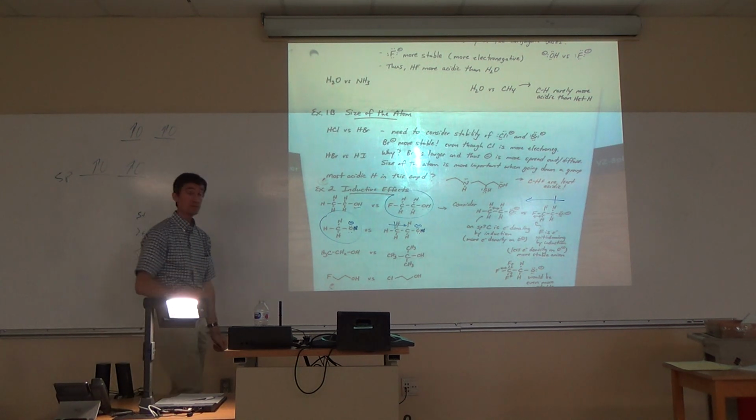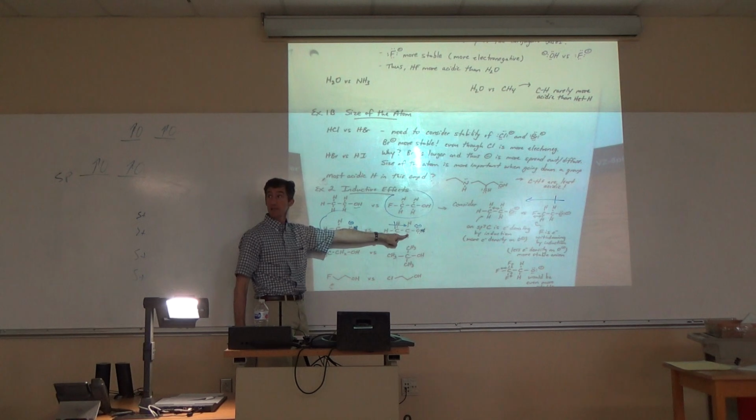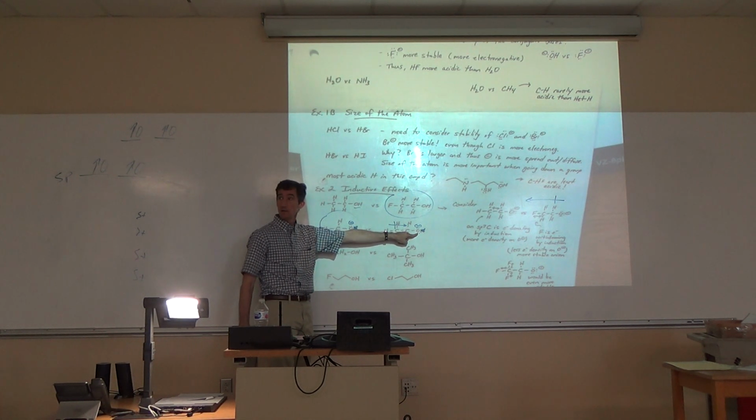Stronger bases, that means it's more eager to go take an H. And when it takes an H, what does this become? Charge? Goes back to neutral. Which one of these is more eager to get back to neutral? This one.